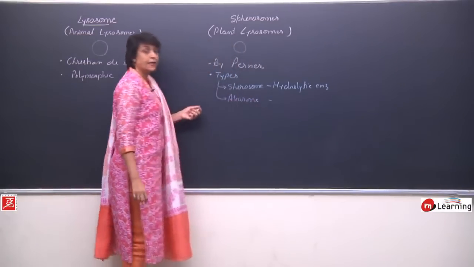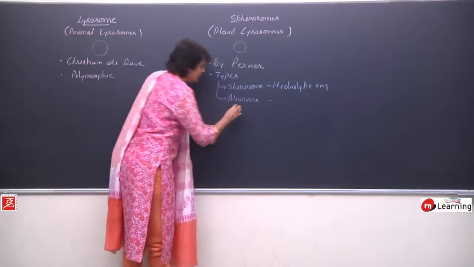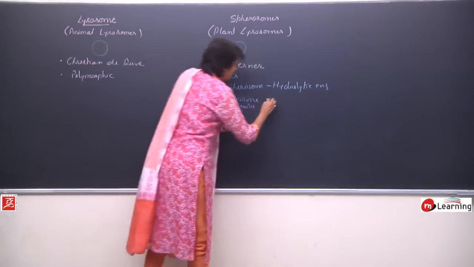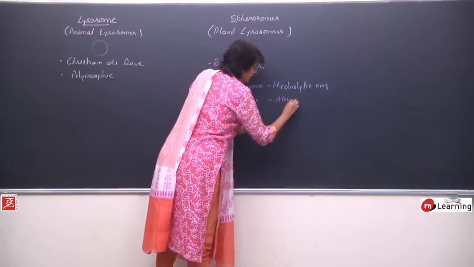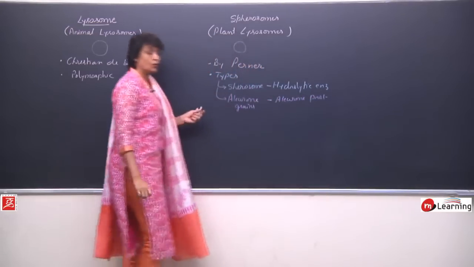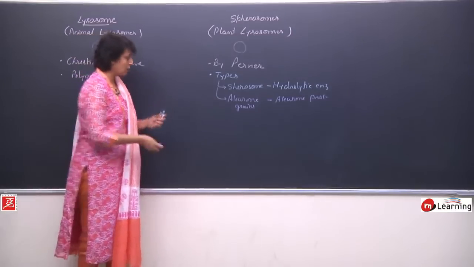Then in that case they are known as aleurone grains or particles. Here it is aleurone proteins which are stored. So it could be a storage thing also.